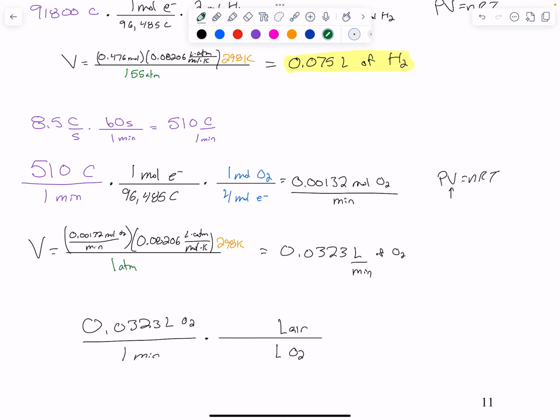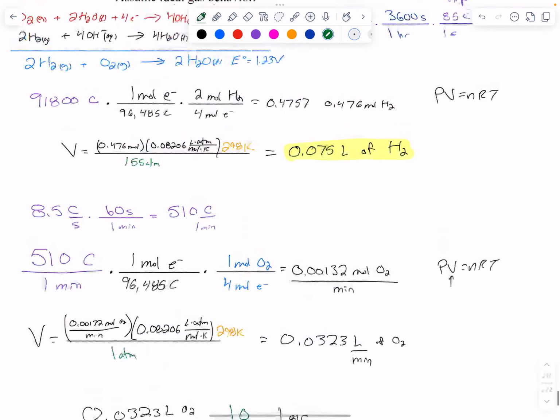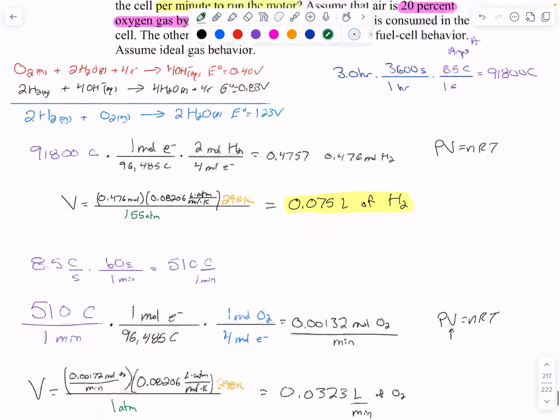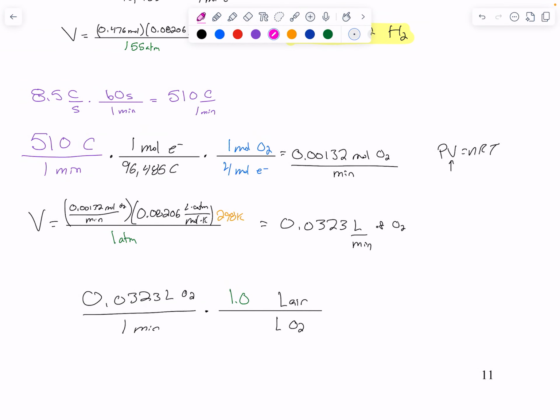If I have 1 liter of air, it's 20% oxygen, so 0.20 liters of O2 for every 1 liter of air. Leaving the minute there, 0.0323 divided by 0.2 is 0.16 liters of air per 1 minute.